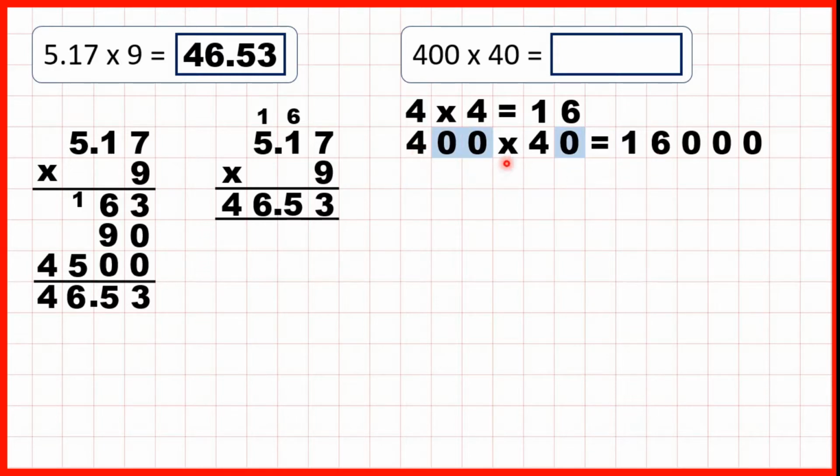That's because 4 times 4 is 16, but then if we have a total of 1, 2, 3 zeros in our multiplication question, we need 3 end zeros in our answer. So 400 times 40 is 16,000.